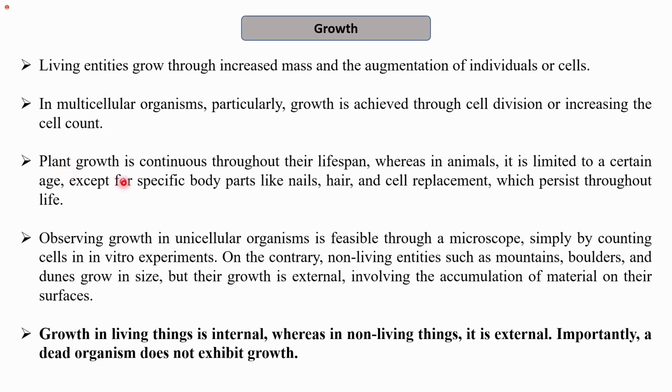For example, plant growth is continuous throughout their lifespan, whereas in animals the growth is limited to a particular age. Up to a particular age, our height grows, and after that it stops. In plants, this is not the case; growth is usually a continuous process until the life ends.